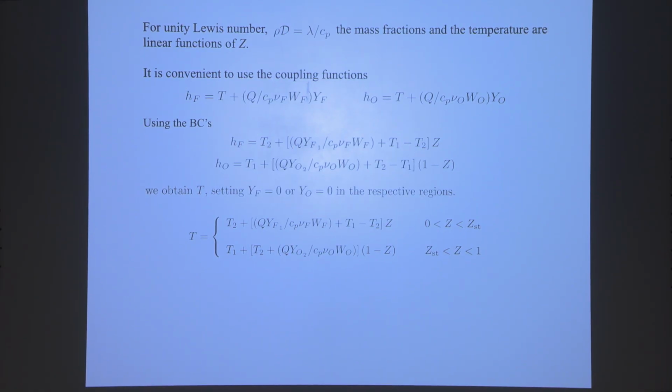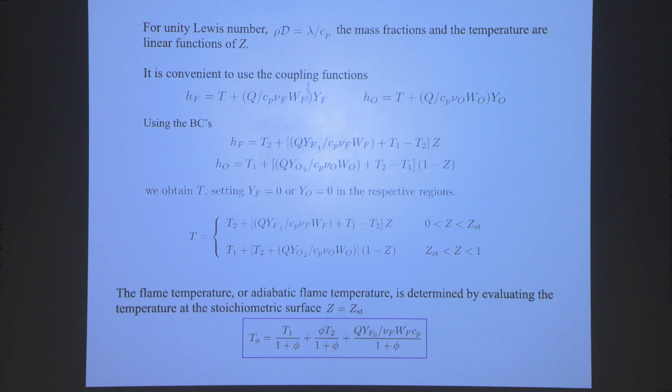Since T is a linear function of Z, YF is a linear function of Z, the h's are linear functions of Z, when you write them and assume that on the fuel side there is no oxidizer, and on the oxidizer side there is no fuel, you obtain the temperature in terms of Z. So you obtain that relation, which I will show as a graph in a minute.